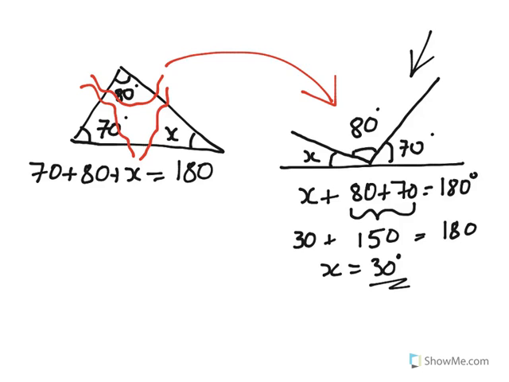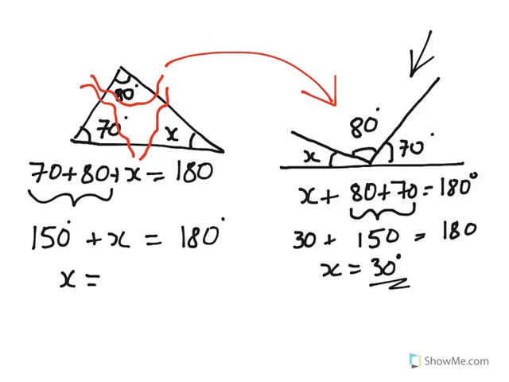If you put the 3 angles of a triangle together, they will always add up to be 180. So by the same mechanism here, we'd get 150 degrees plus x equals 180 degrees. So x must equal 180 minus 150 equals 30 degrees.